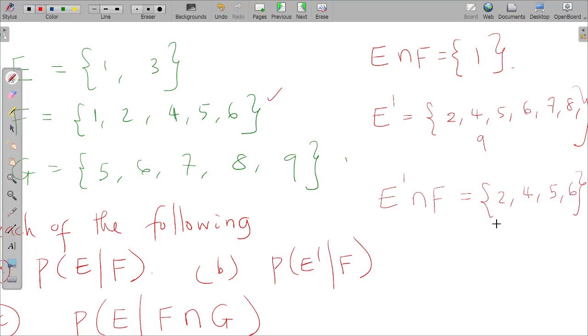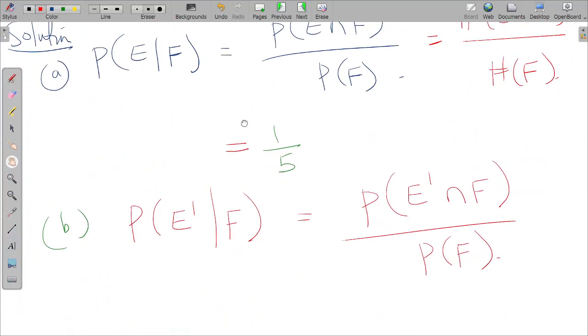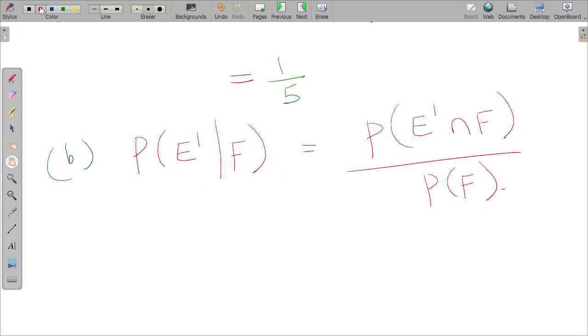That is E complement intersect with F. The number of E complement intersect with F is 4. What is the number of F? The number of F is 1, 2, 3, 4, 5, which is 5. So this is simply equal to 4 over 5.